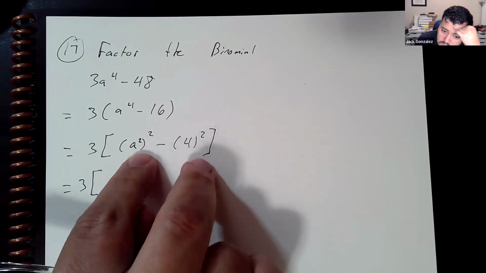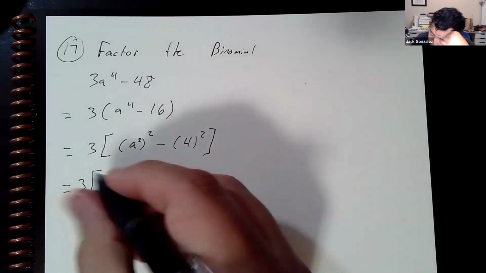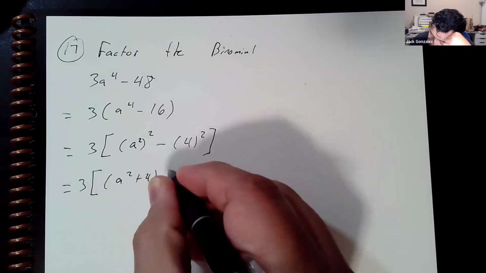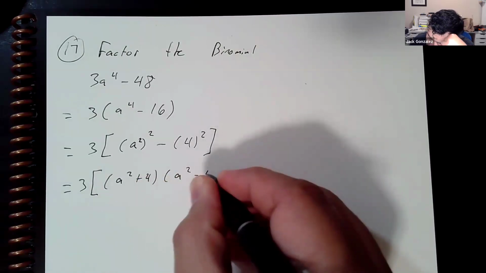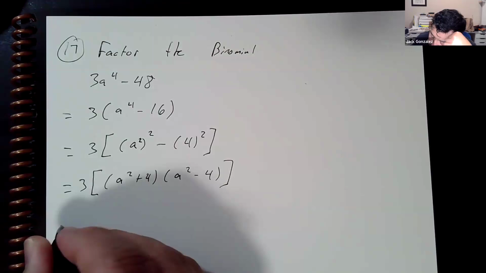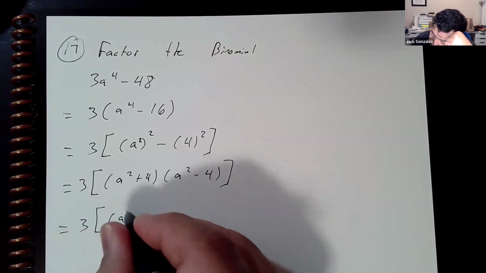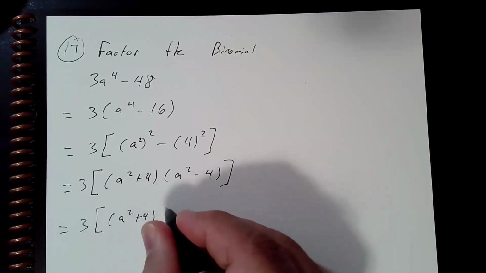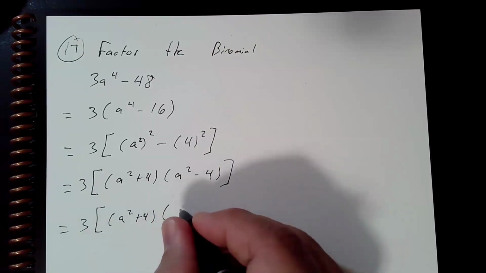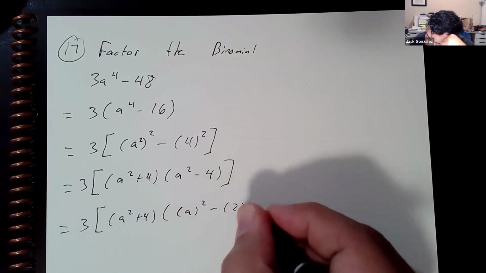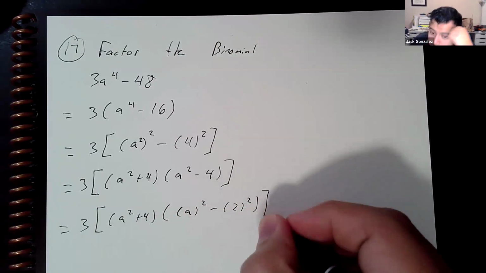Now we have what we wanted. Something squared minus something squared. So apply your formula and we get a squared plus 4 times a squared minus 4. But notice we have a second difference of squares, right? So rewrite this one as a squared minus 2 squared and do it again.